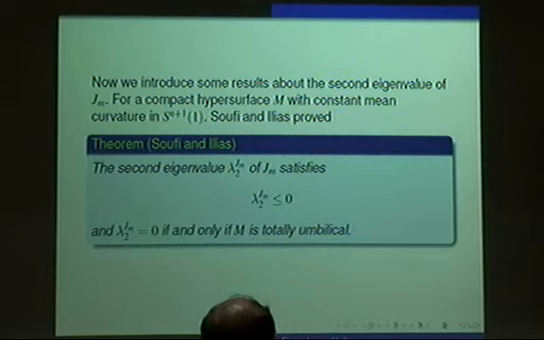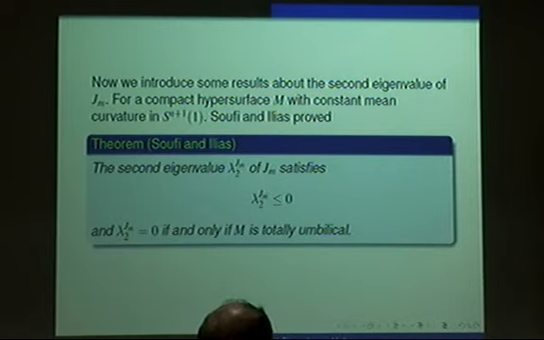Now we introduce some results about the second eigenvalue of the Jacobi operator. For compact hypersurfaces with constant mean curvature in a unit sphere, Sophie and Alias proved this result: the second eigenvalue of the Jacobi operator satisfies this equation.